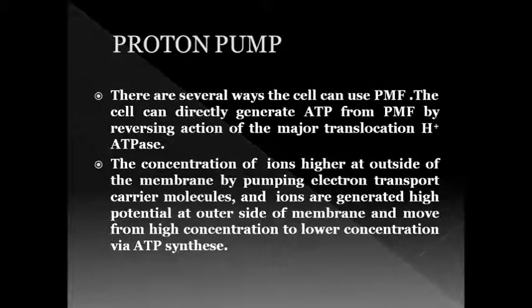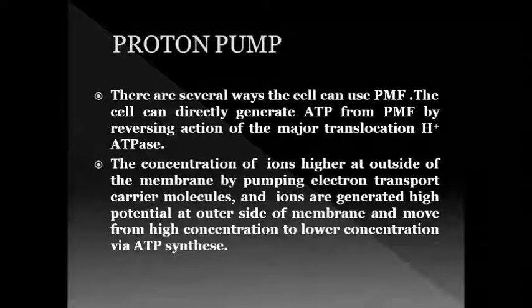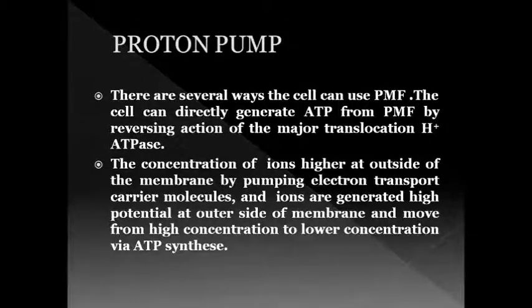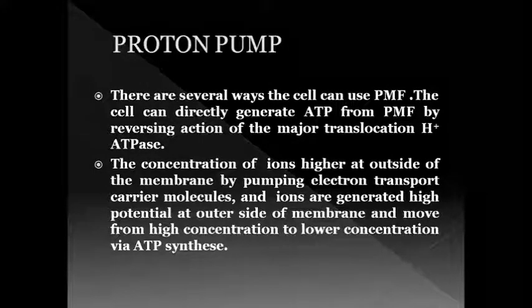The next is proton pump. Cells of bacteria can generate ATP from proton motive force by reversing the action of the major hydrogen ion translocation ATPases.